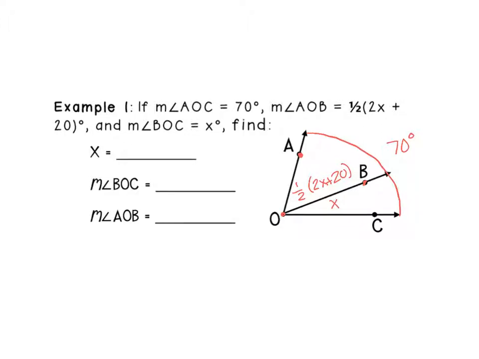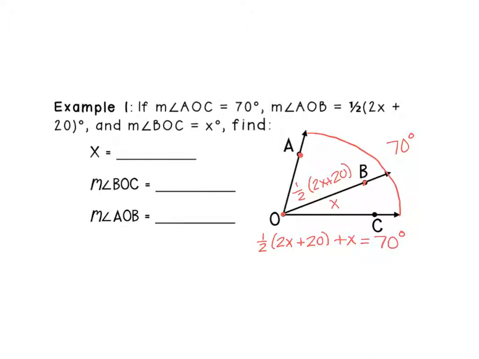We're going to find these different things. So the angle addition postulate says that these two angles, AOB and BOC, have to add up to be AOC. So what I'm going to do here is add up one half times 2x plus 20, plus x, which has to equal 70 degrees.